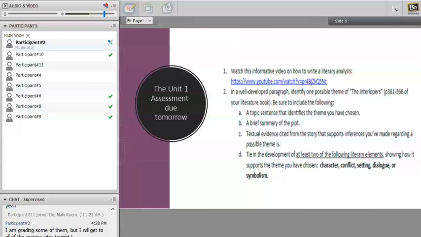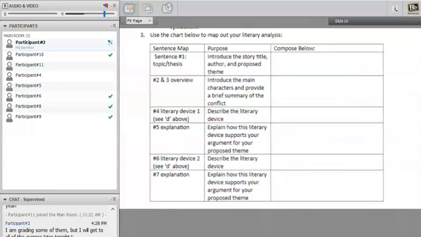This document is in the course, and instead of a multiple choice test, this assignment allows you to practice your writing and allows you to show me that you know how to talk about the character, the setting, the theme, okay?